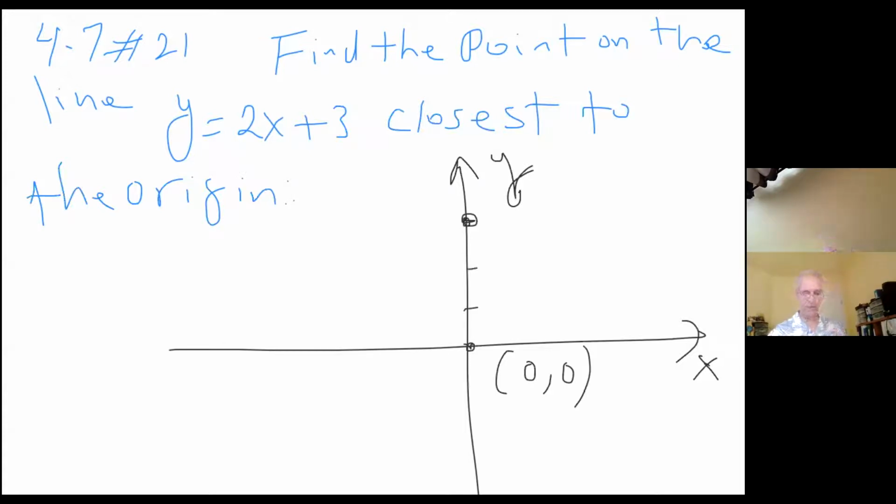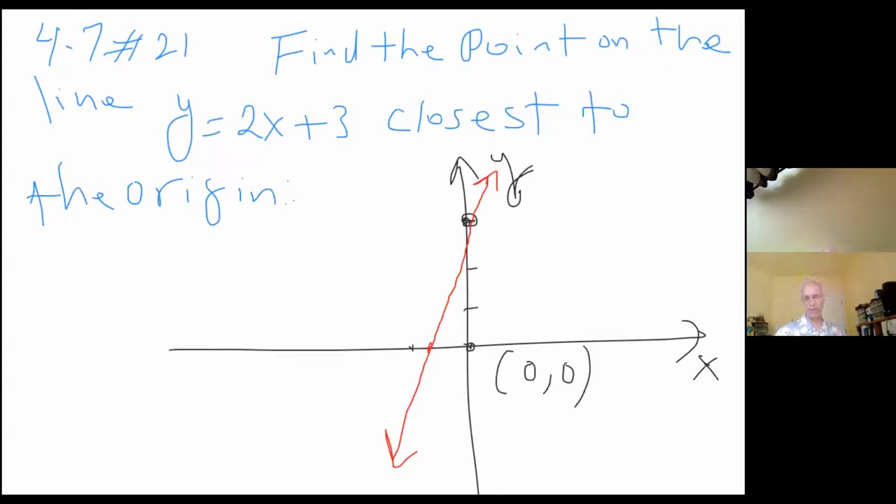So I have a point right here. When x is 0, y is 3. When y is 0, x is going to be -3/2. So somewhere here, -3/2. So this is going to be my linear line.